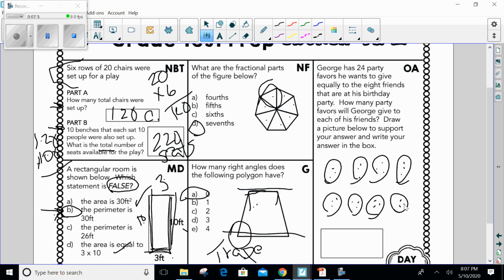How many are in each of the bags? I see 3. So 3 favors. What's another way we could have done that? We could have done 24 divided by 8 equals. We know that 8 times what equals 24? 8 times 3. It works. Whew, that's awesome.